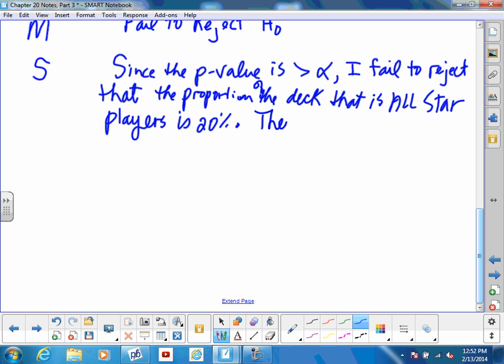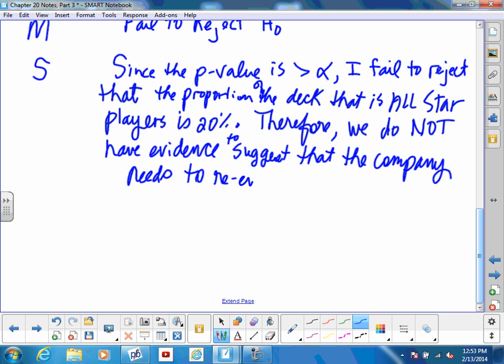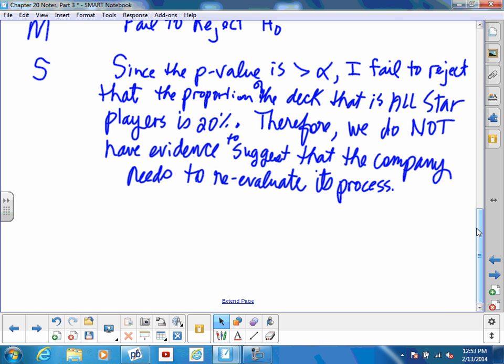So therefore, we do not have evidence to suggest, it's going to be your common catchphrase, to suggest that the company needs to reevaluate its process. Ta-da!